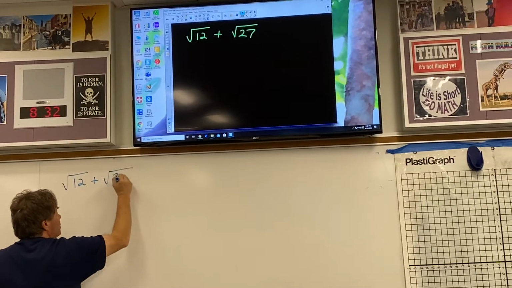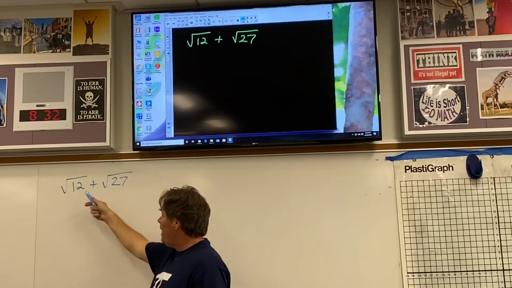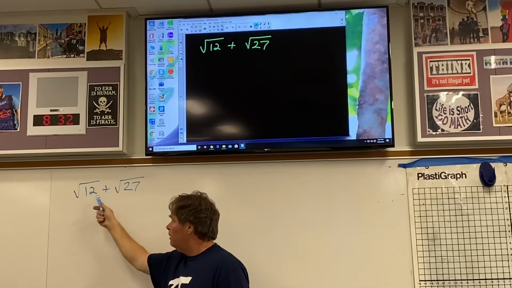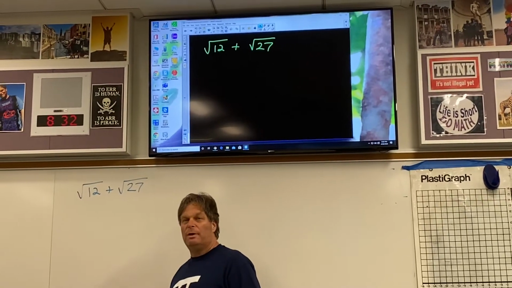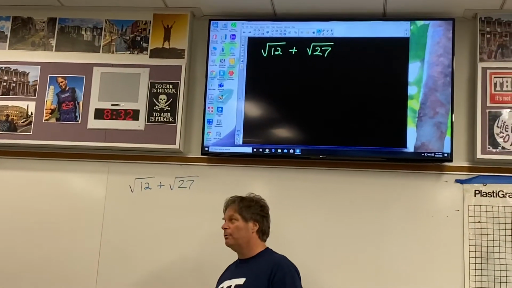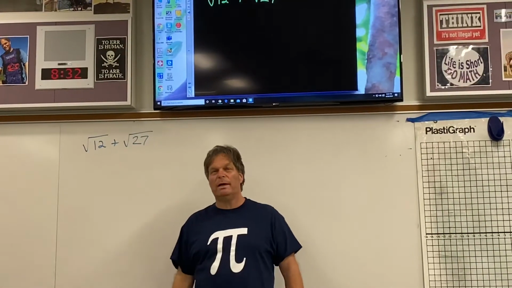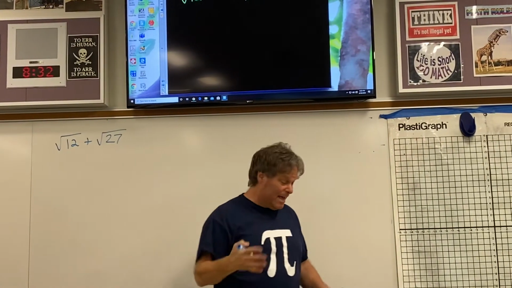Now, if we do what I just told you, you might say, hey, root 12, root 27, are these the same or different? Well, they're different, right? So can we combine things together that are different underneath the radical? No, we can't if we're adding or subtracting them. No, we can't, so I guess we're done. Move on to the next problem. Well, it's not that simple.